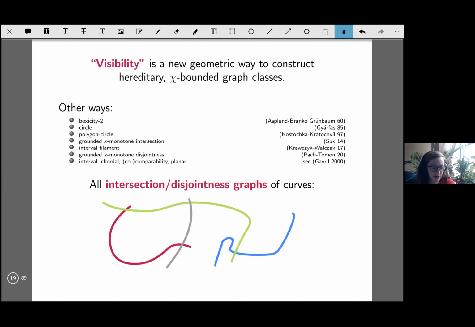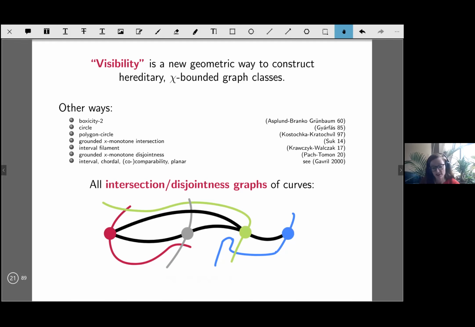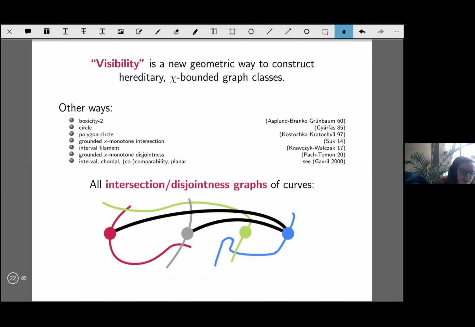For these graphs, you start with a collection of simple curves in the plane, and you add a vertex for each of those curves. To get intersection graphs, you add an edge between each pair of curves which intersect. To get disjointness graphs, you look at the complement of that, so you add an edge between each pair of curves which are disjoint. So all of these graphs above are intersection graphs and disjointness graphs of curves.